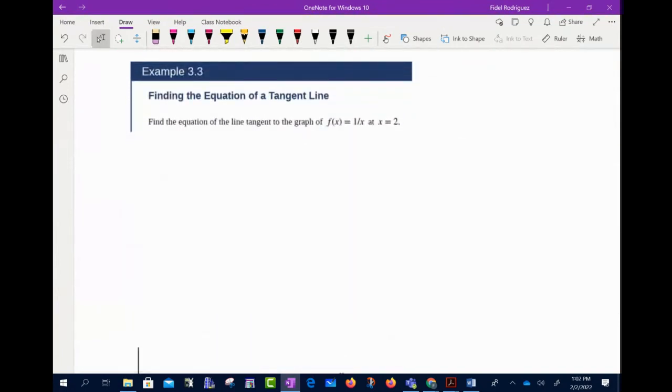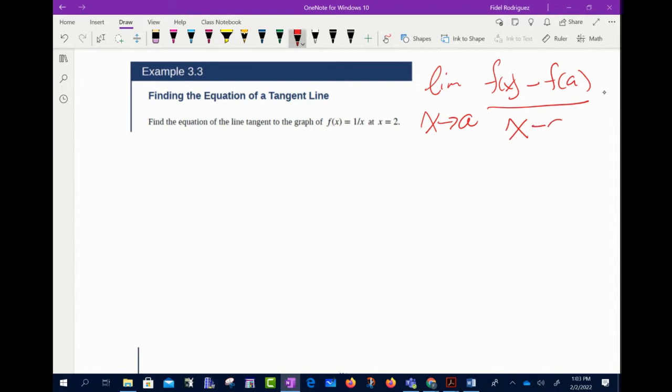Okay. So let's try the same thing here. We're going to find the equation of a tangent line to the graph f of x equals 1 over x at x is equal to 2. Okay. So y'all, we have a couple options we can do. One of them is we can find the limit as x approaches a of f of x minus f of a, divided by x minus a.